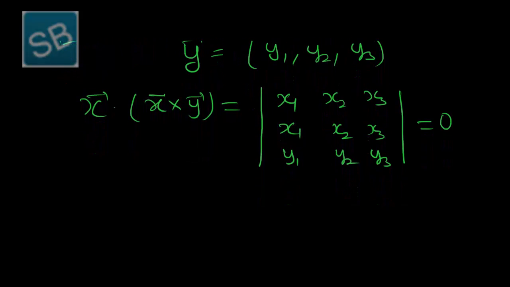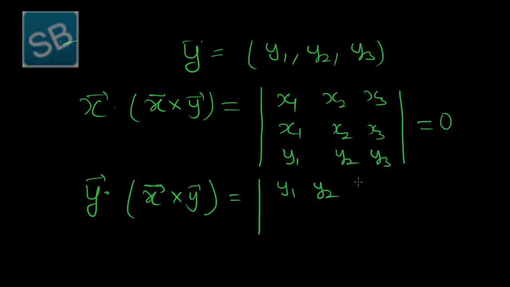This is a property of determinants. And also vector y dot x cross y is the determinant with rows y1, y2, y3; x1, x2, x3; y1, y2, y3 again. As two rows are similar, this is also equal to 0. That is, the dot product of the two vectors is 0. So if the dot product of two vectors is 0, then we say that these two vectors are orthogonal.